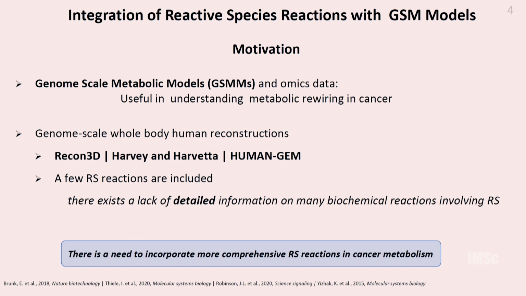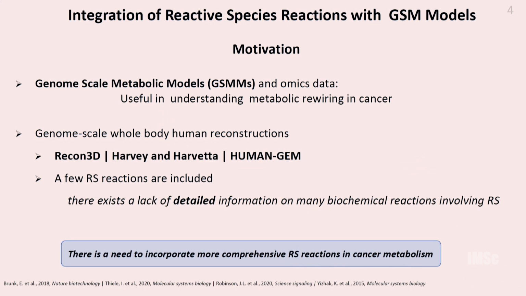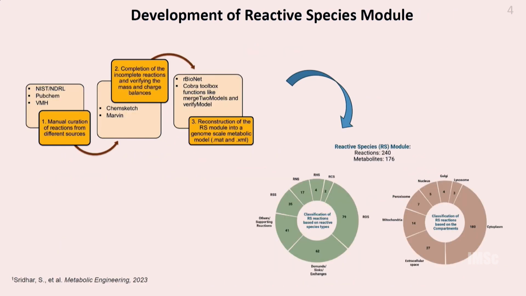So we started curating them manually with the help of some students, by scraping some of the databases, looking at incomplete reactions, and verifying the mass and charge balances. We finally have this reactive species module, where we added around 240 reactions and 176 metabolites. This is in addition to what is available in Recon 3D or Harvey-Harvetta or the human GEM model.